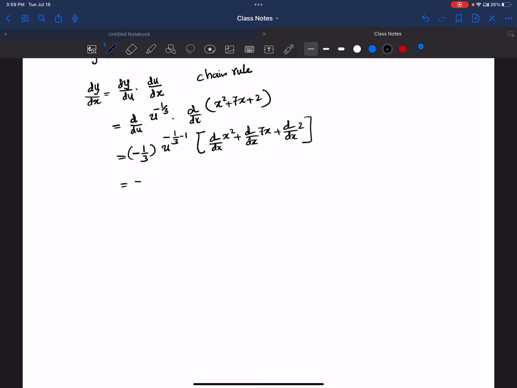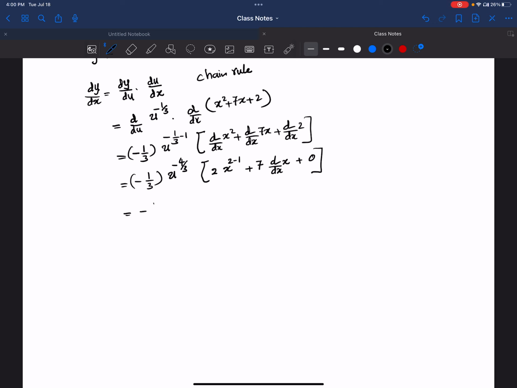So this is negative one third u to the power negative 4 thirds, times 2 times x to the 2 minus 1, plus constant 7 out, then you have d over dx of x, plus this is 0.